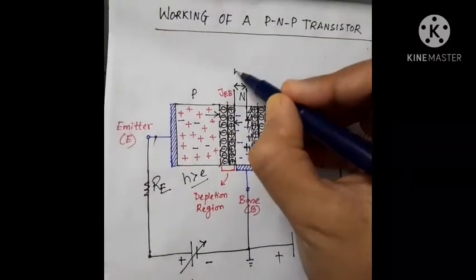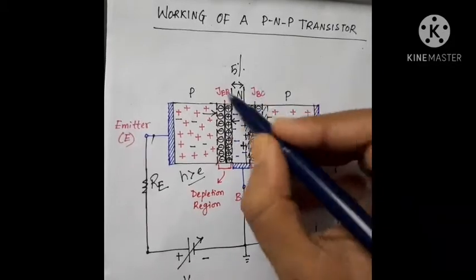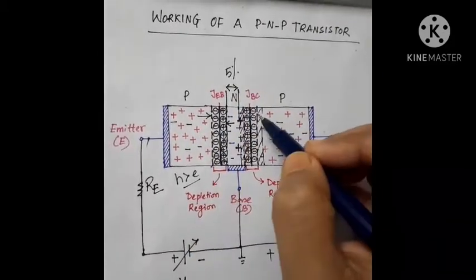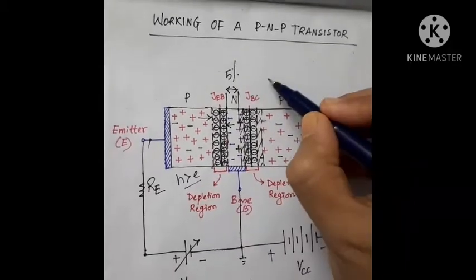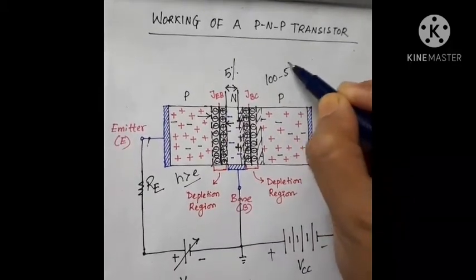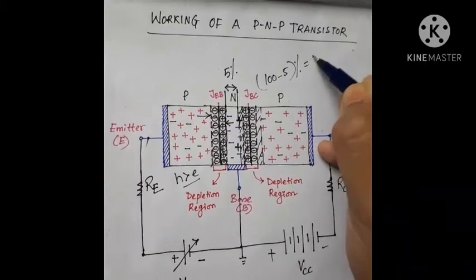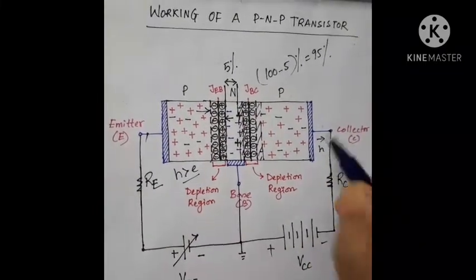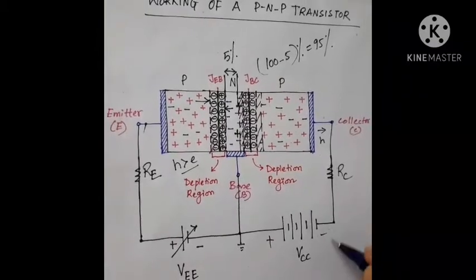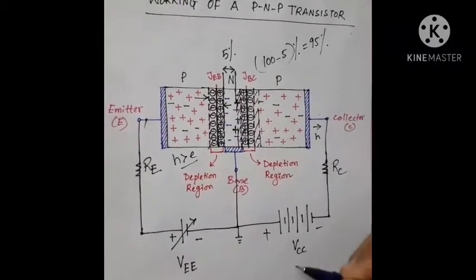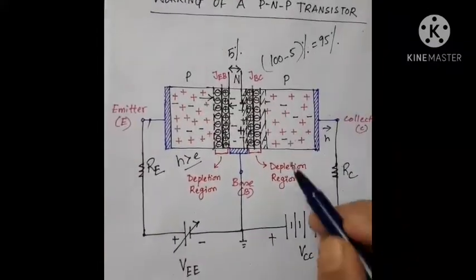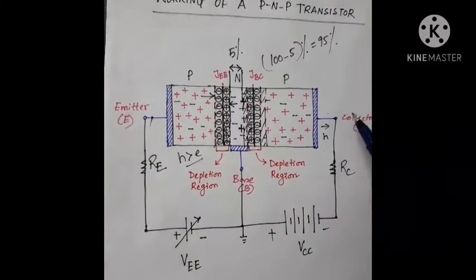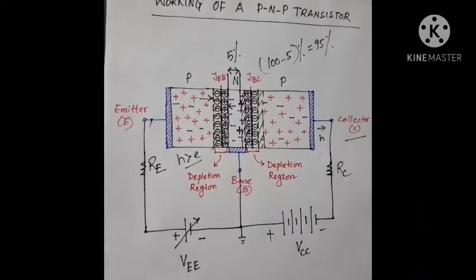As already 5% of the holes are recombined here, that is, 5% of the holes are lost here, the remaining 100 minus 5, that is 95% of the holes, will move towards this negative terminal of the voltage source VCC. So 95% of the holes will be collected by the collector. So the name is justified, right?